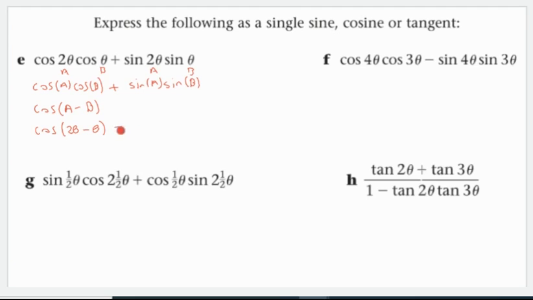So this is just the same as cos of theta.